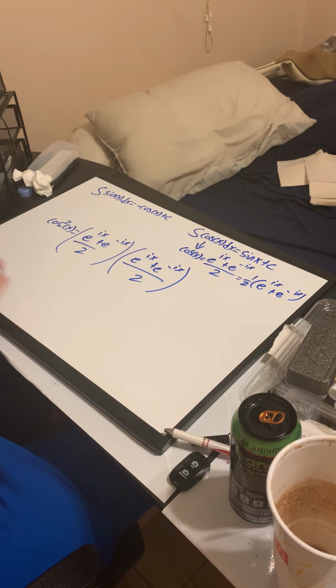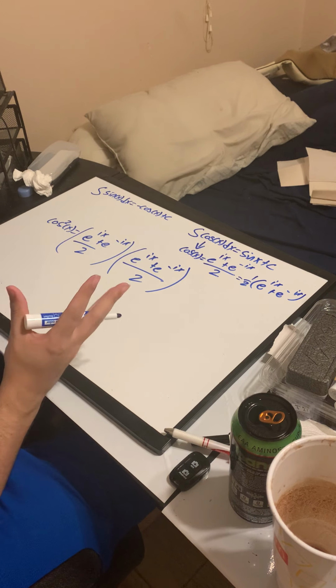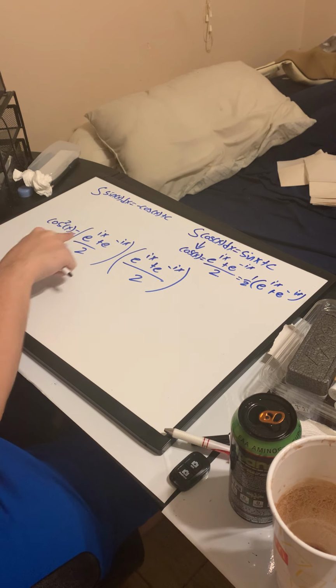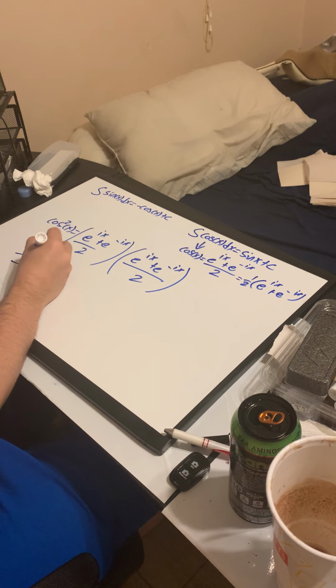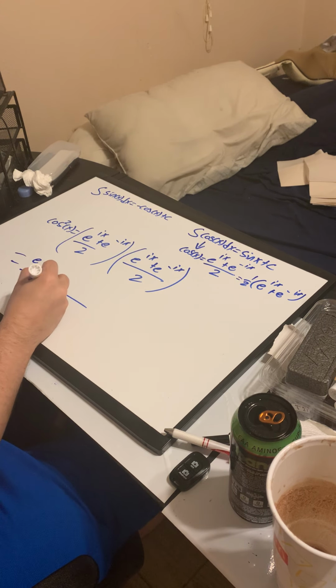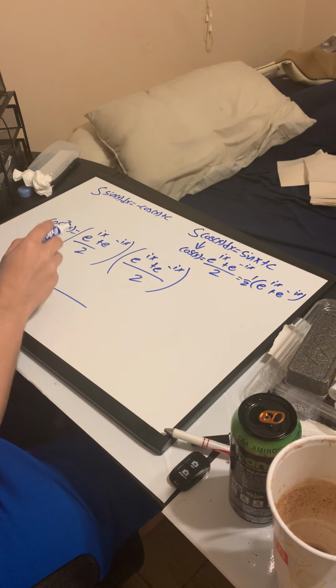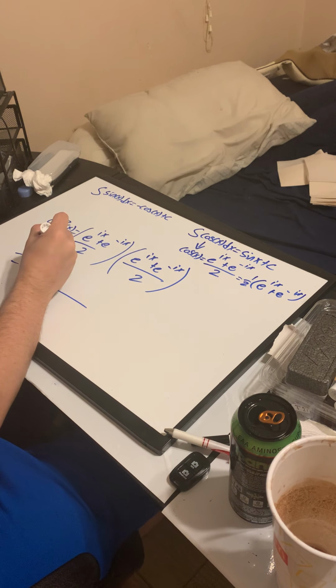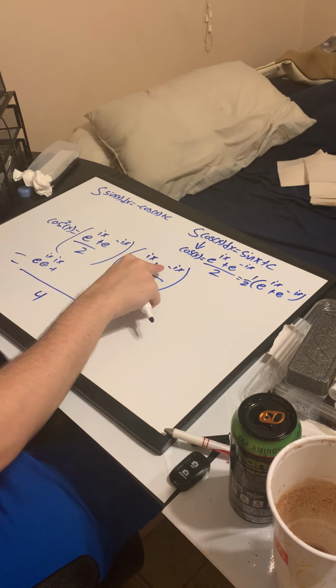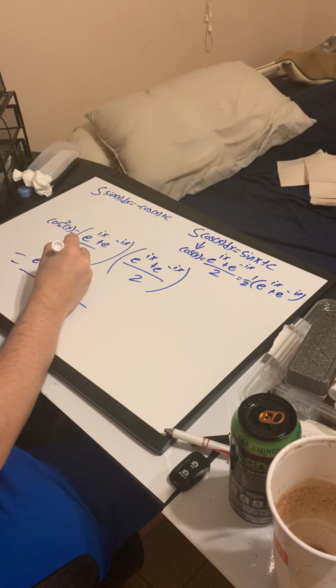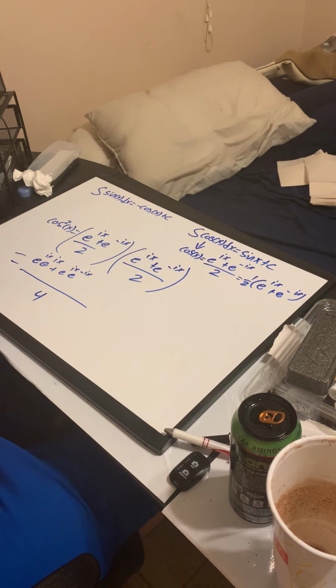And of course, we have a FOIL here. So first, we're going to do e to the ix times e to the ix. And remember, we're over 2. So this is going to be, and we'll just put this all over 4 because they're all going to have it. So we're going to get e to the ix times e to the ix plus e to the ix times e to the negative ix. And we will simplify this in a second. I just want to write it out just so you can see all the algebra.